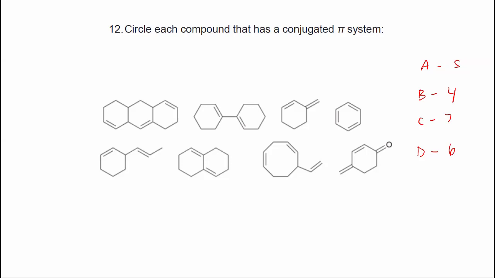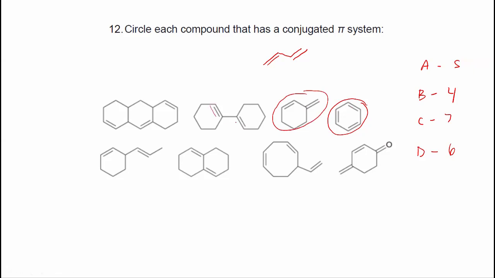All right, so most of you are saying 5. So conjugated, remember, is double bond, single bond, double bond. So the one that immediately jumps out at me is benzene. That one I remember is conjugated. So that's 1.